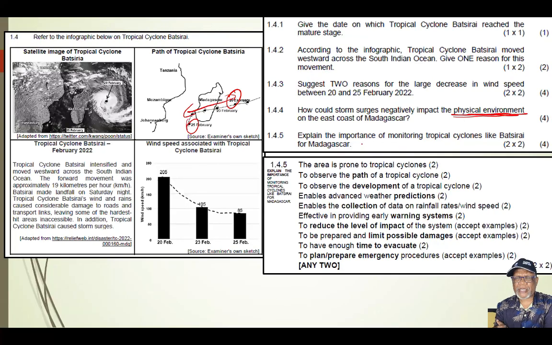Now the question is, explain the importance of monitoring tropical cyclones. Why is it important to monitor tropical cyclones? Because the area is prone to tropical cyclones, to observe the path and know the strength, to observe the development of a tropical cyclone so that it enables advanced predictions, correction of data, and an effective warning system to reduce the level of impact, to prepare and limit possible damages, to have enough time to evacuate, to plan.